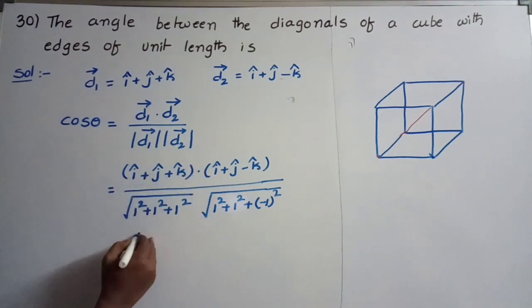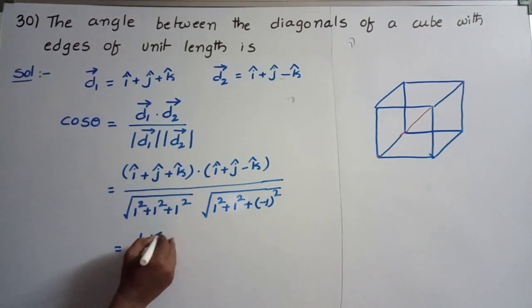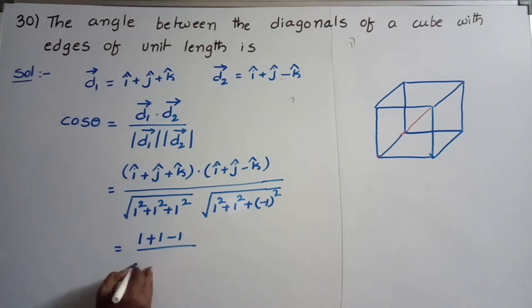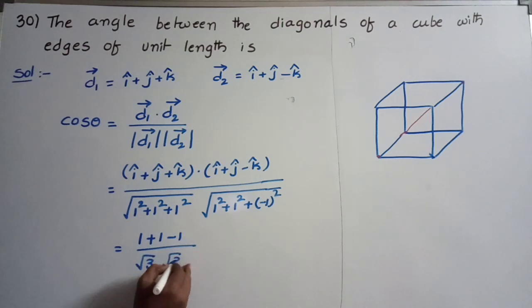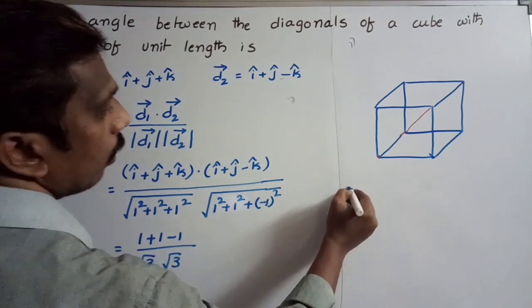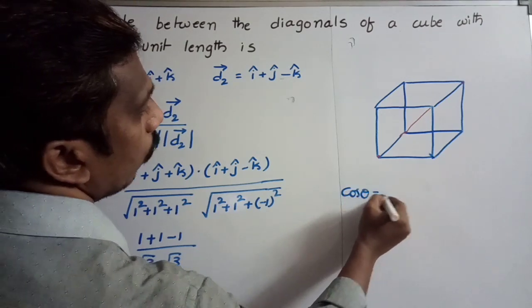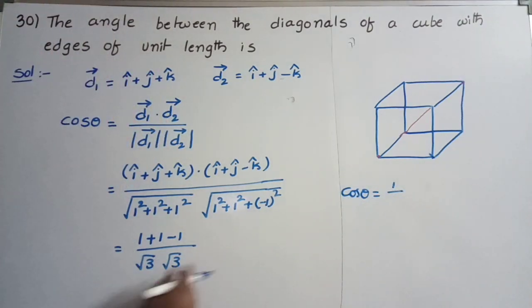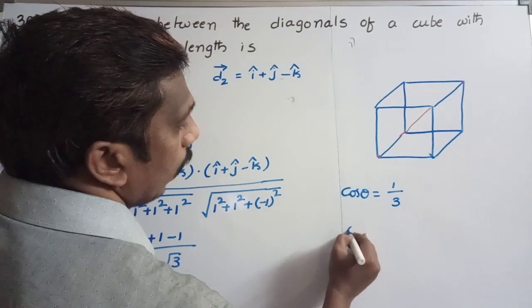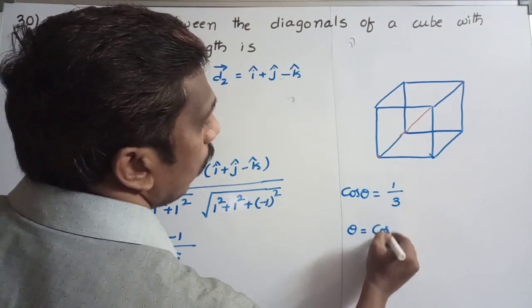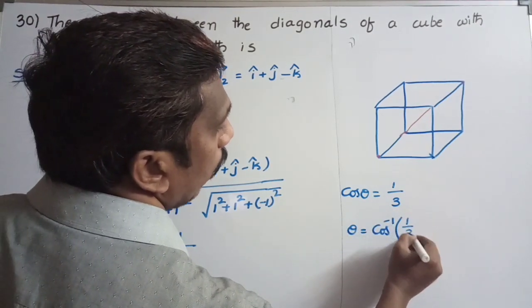Multiply: 1 into 1, 1, plus 1 into 1, 1, minus 1, by root 3 into root 3. From this we can write cos theta is equal to 1 by root 3 into root 3, which is 1 by 3. Theta is equal to cos inverse of 1 by 3.